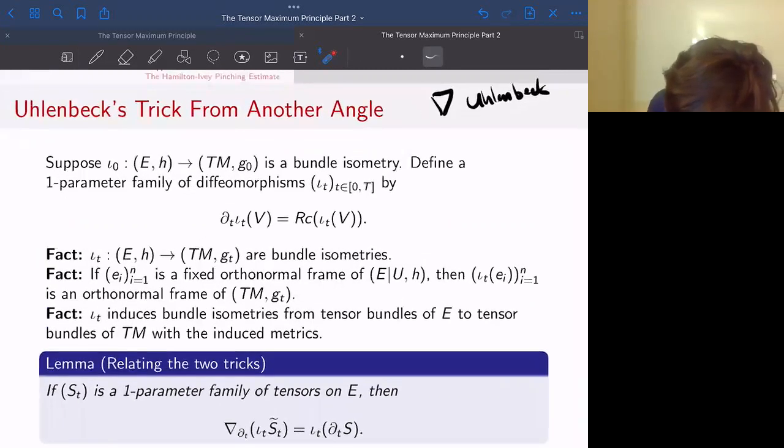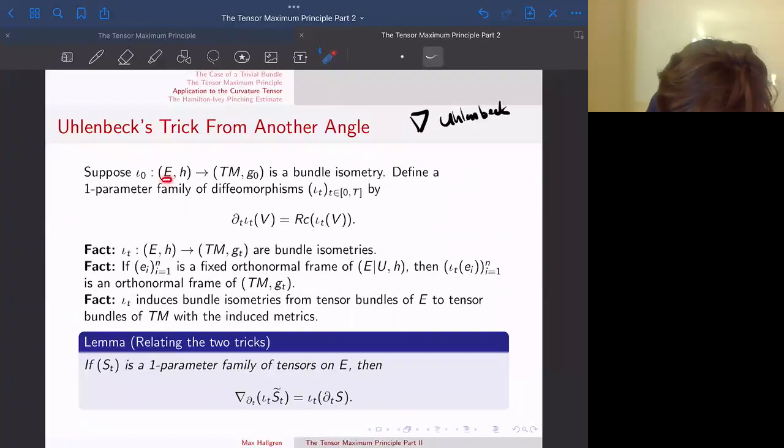So suppose we have a Ricci flow now on a closed manifold. Let's fix a bundle isometry at time 0. All we're doing here is really just relabeling our tangent bundle and our metric. It'll make more sense why we're doing that in a minute. We start with this, which we can really just take to be the identity map at time 0.